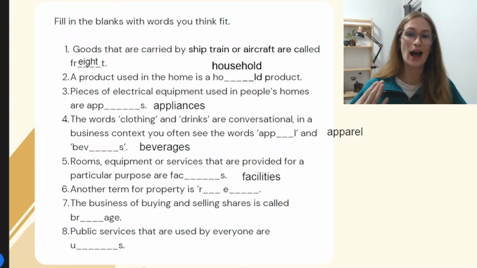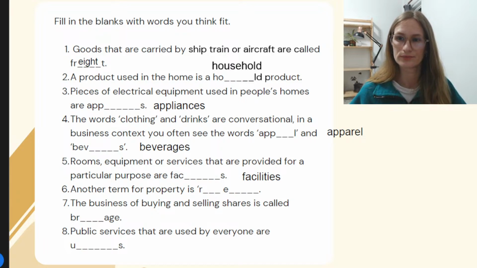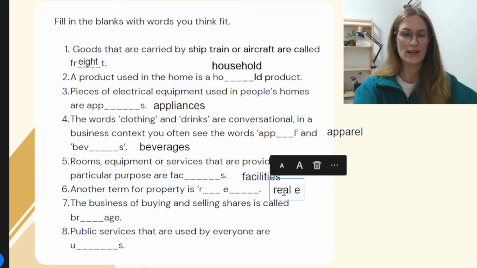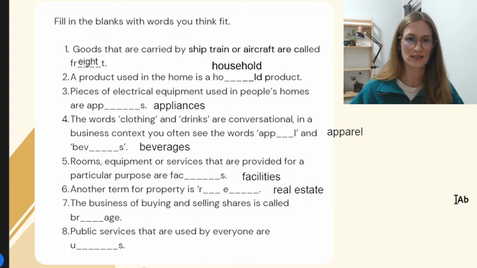Instead of saying I own property, in business English you might say I own real estate. Good, exactly. I own or I invest in real estate. I have real estate. I'm interested in real estate. I want to get into real estate.